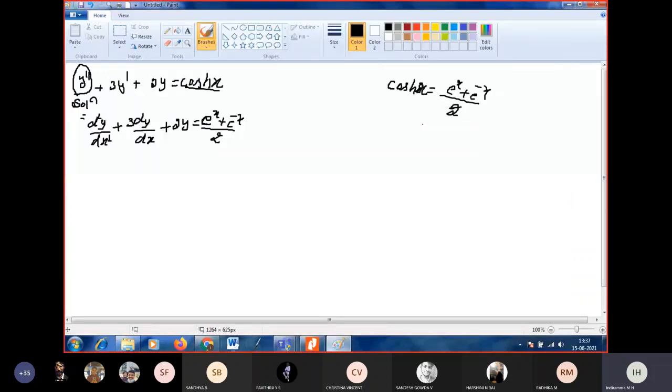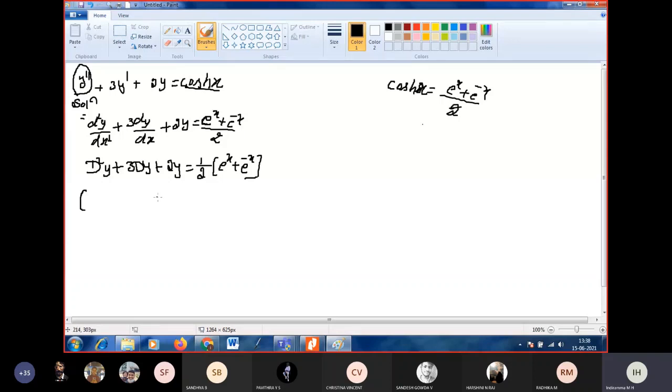Okay, right. So next, we can write d square y by dx square as capital D square y, plus 3 into dy, plus 2y is equal to, we can write this as 1 by 2 into e power x plus e power minus x. What next?